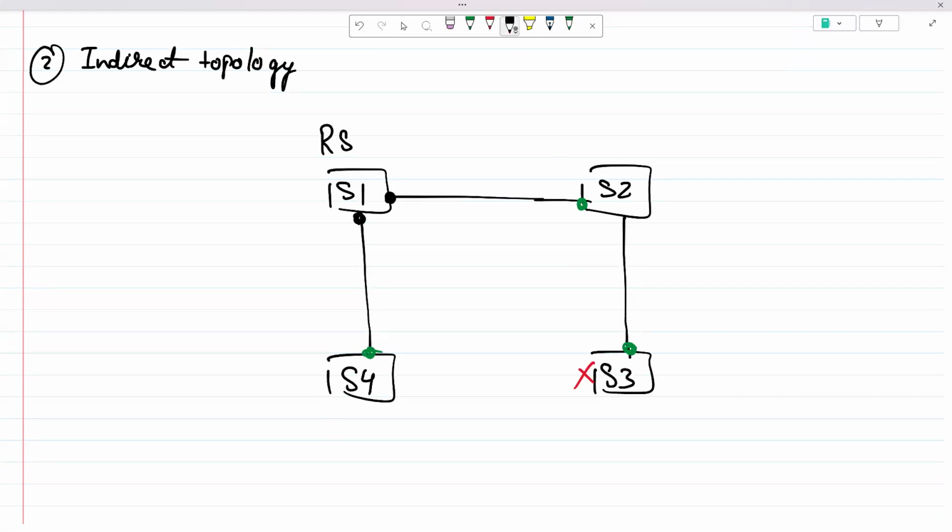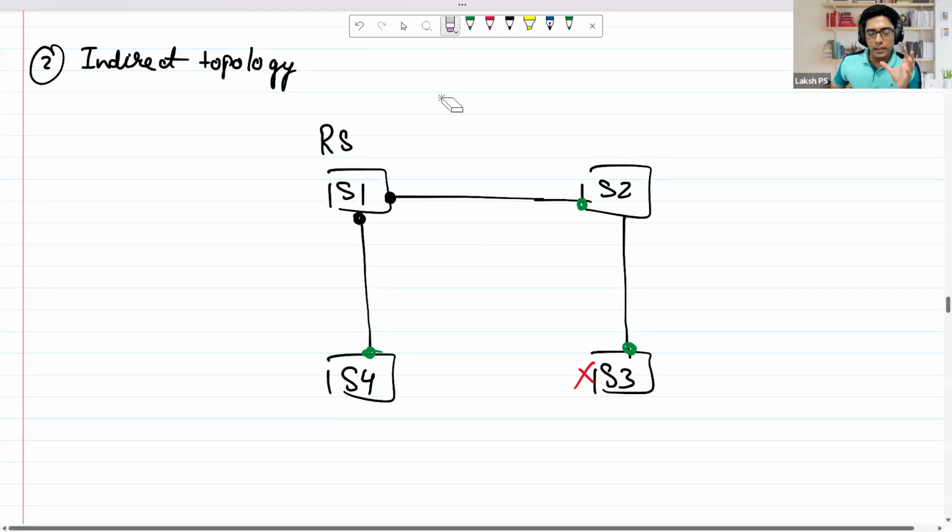Now, indirect topology change. Let's imagine that the interface between switch 1 and switch 4 goes down. The interface between switch 1 and switch 4 goes down.